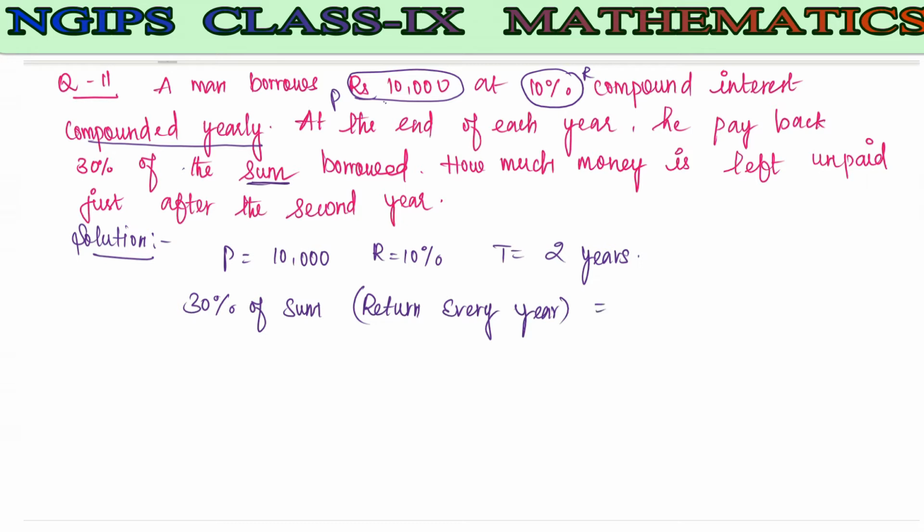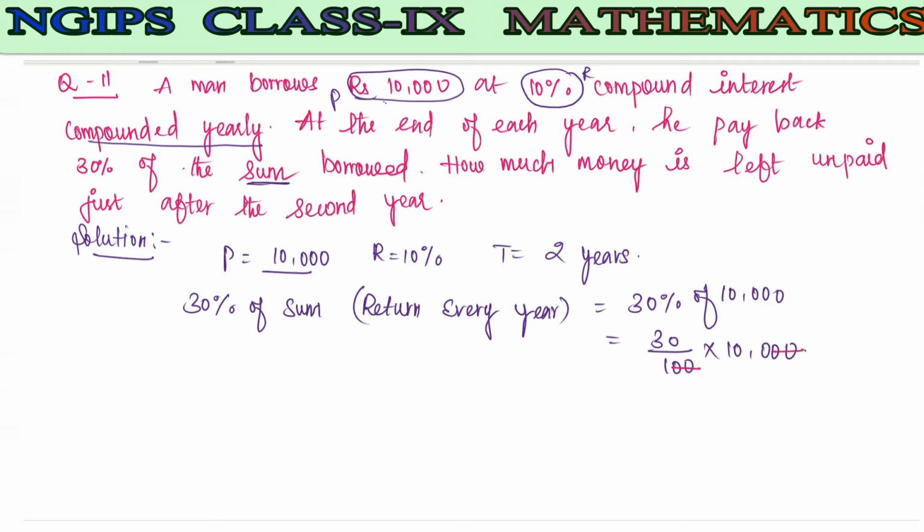So here 30% of the sum, and the sum here is 10,000. So 30 divided by 100 into 10,000. So what we'll get here? 2 zeros are going to get cancelled.